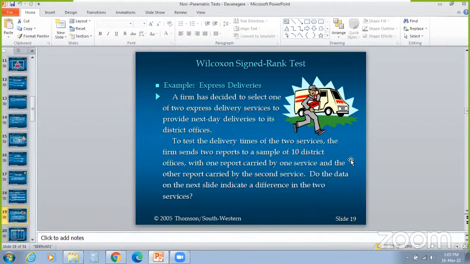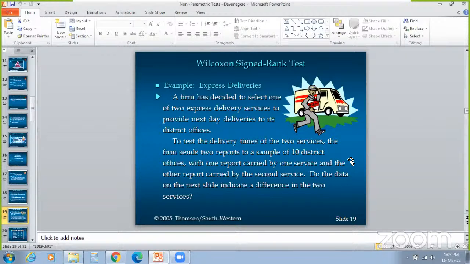Now let us consider one example for this, a company with express deliveries. A firm has to decide to select one out of two express delivery services to provide next day deliveries to its district offices.